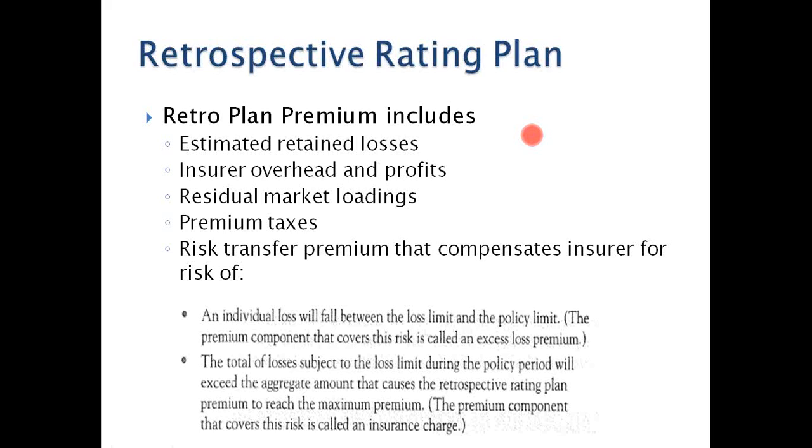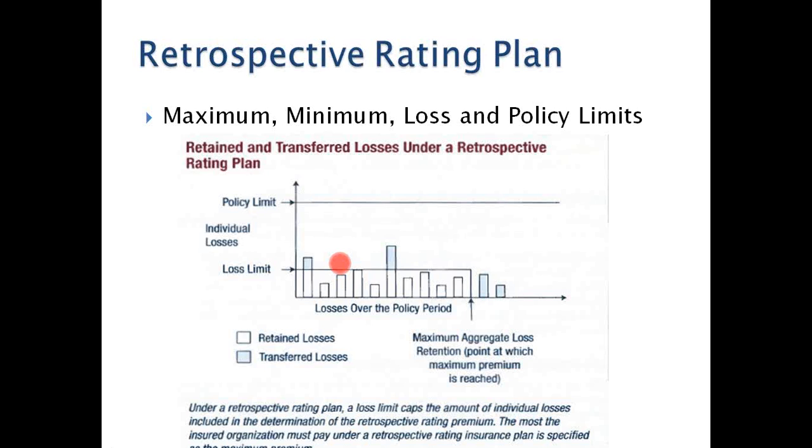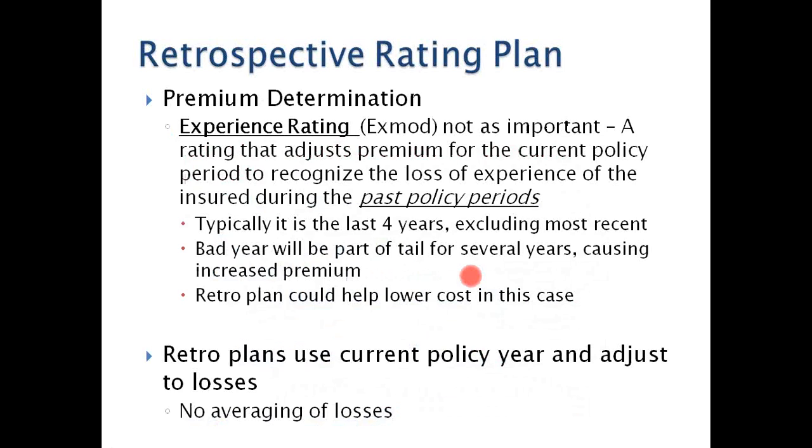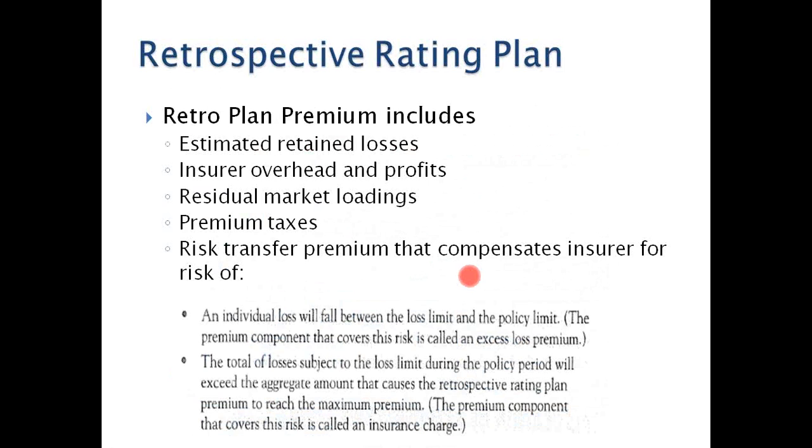So this is the gamble that they're taking, and also for the total losses subject to the loss limit during the policy period that exceed the aggregate amount. So what they're talking about is there's a risk transfer premium, the extra money they're going to charge for the potential that you might have claims that basically pierce this layer or pierce over here, and that's where that concept is coming in.